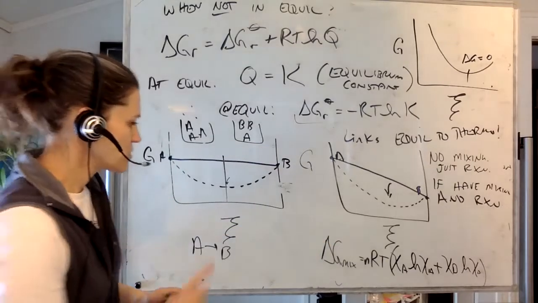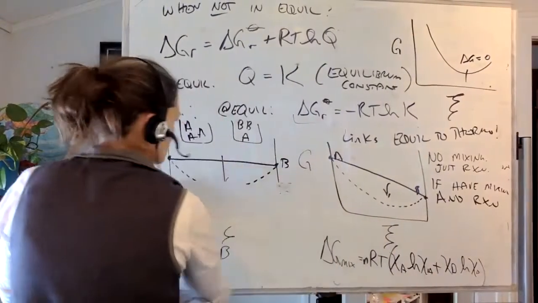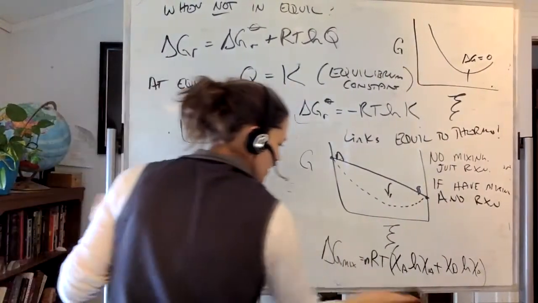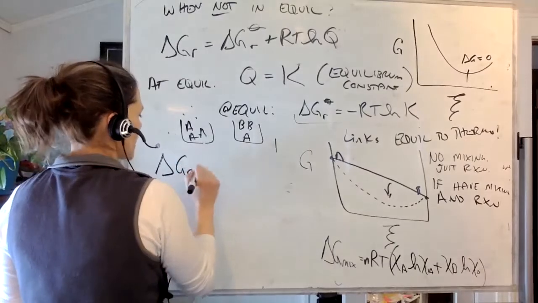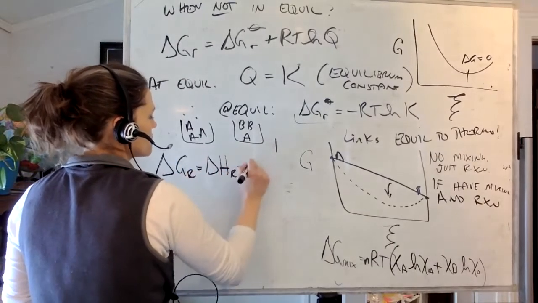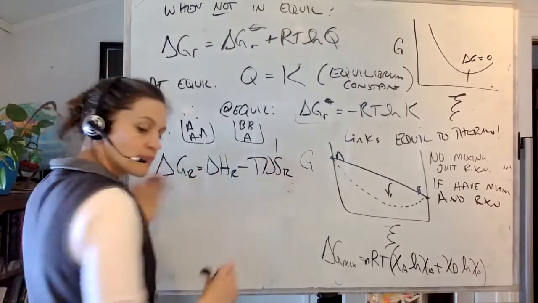Let's take one more step in thinking about what that looks like mathematically, which is where you should always take your ideas. Delta G reaction equals delta H reaction minus T delta S of reaction.